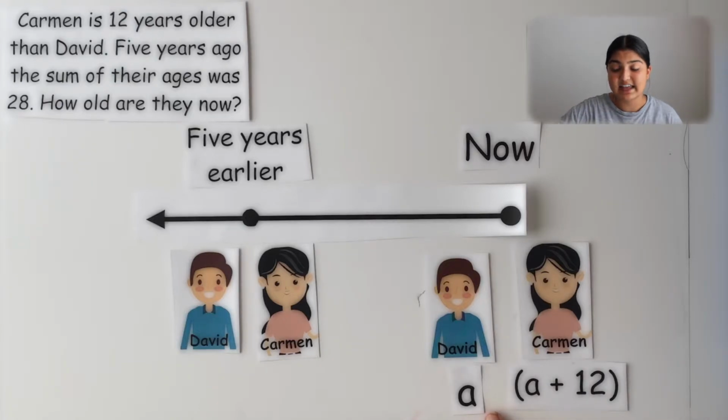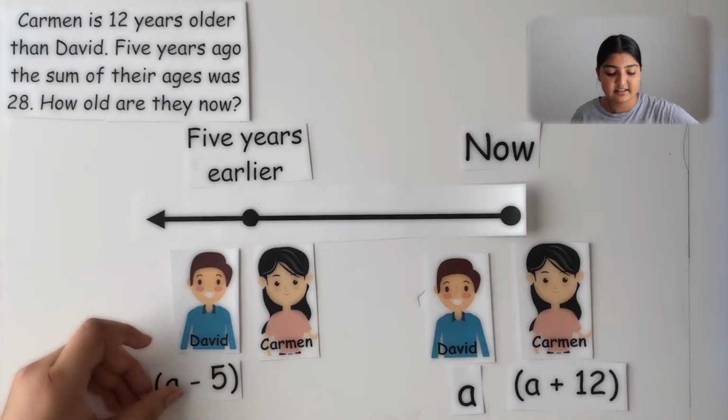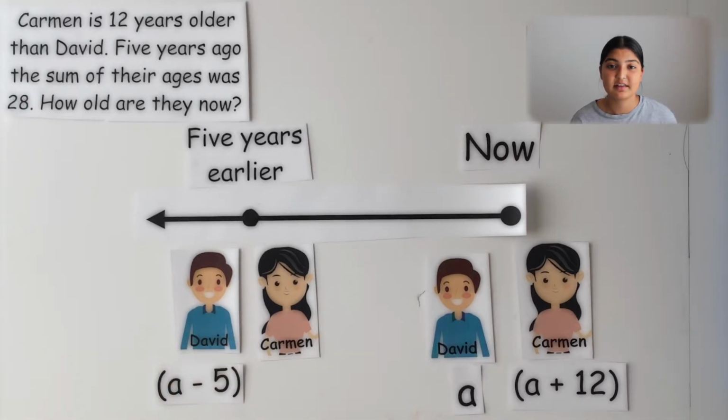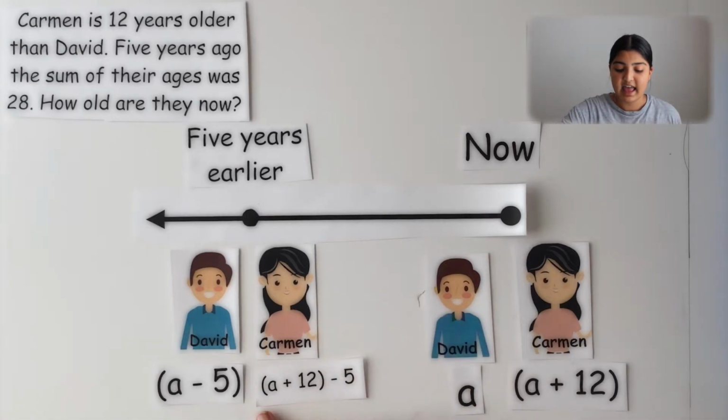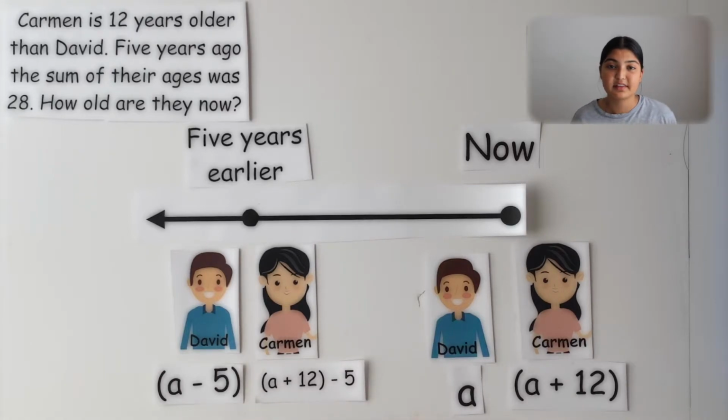Now, David's age is A. So 5 years earlier, David's age would be A minus 5. But what about Carmen? Now, Carmen's age is A plus 12. So 5 years earlier, Carmen's age would be A plus 12 minus 5.